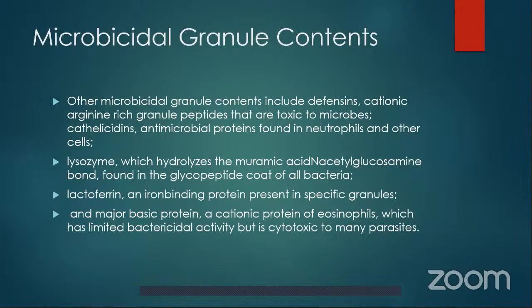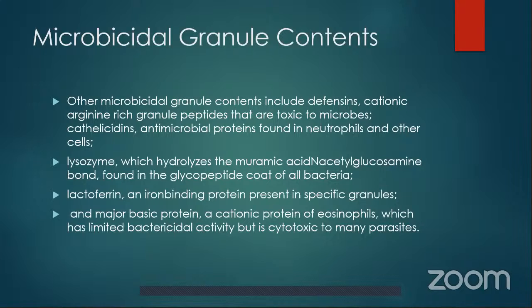Then you have cathelicidins, antimicrobial proteins which are found in the neutrophils and other cells. The lysozyme hydrolyzes the muramic acid N-acetylglucosamine bond found in the glycopeptide coat of all bacteria. Then you have lactoferrin, which is an iron-binding protein in specific granules.